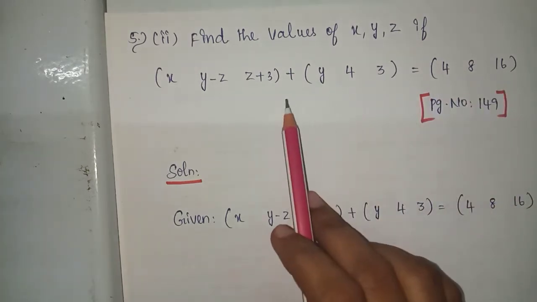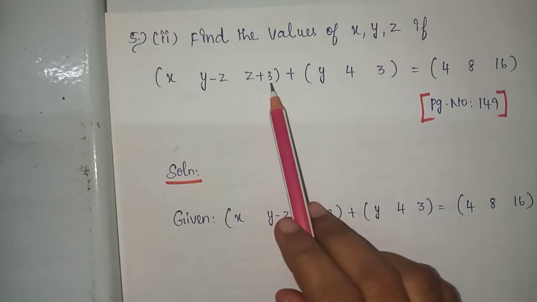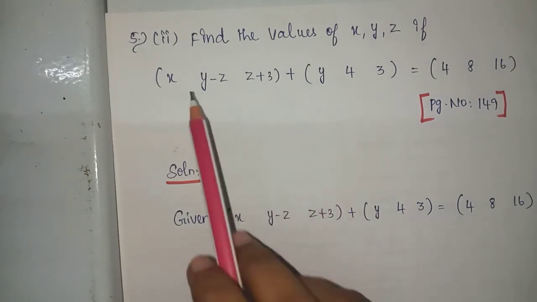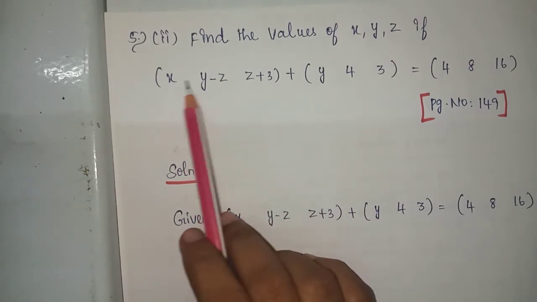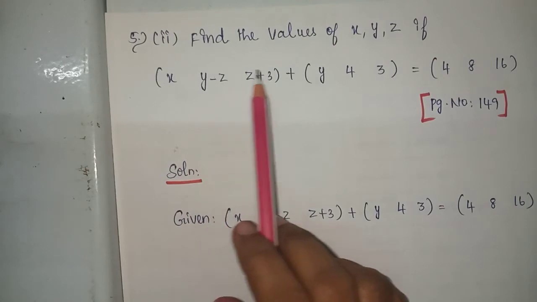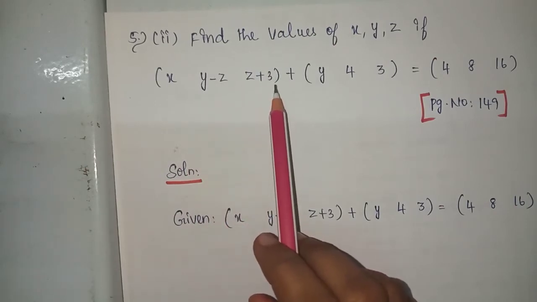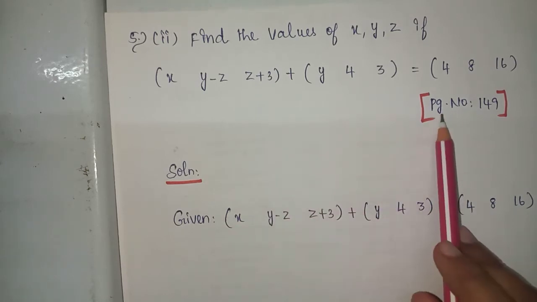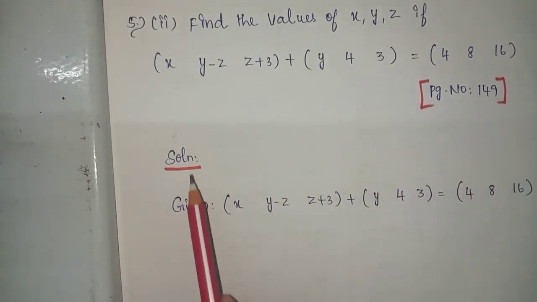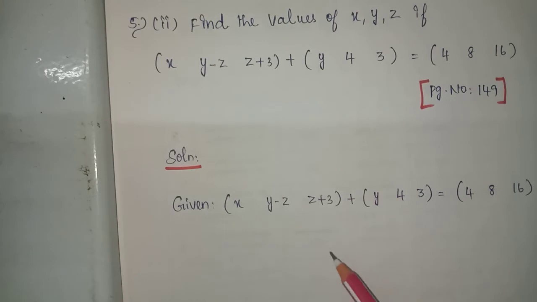You can easily understand this is a row matrix, so the order of the matrix is 1 cross 3: the number of rows is 1 and the number of columns is 3. This sum belongs to page number 149. In the solution, we just write the question as it is. Next we are going to find the values of x, y and z.